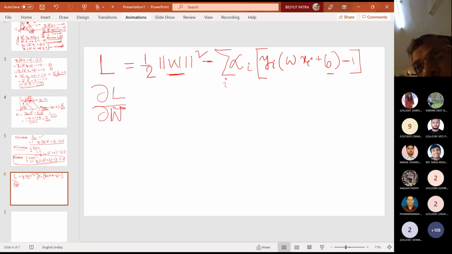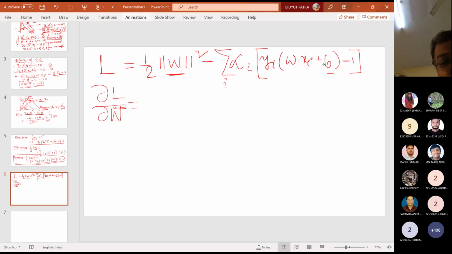It is the same as dividing the vector into components, like a 2D or 3D vector with two or three components. For each component we use the scalar derivative, and similarly we do it here.